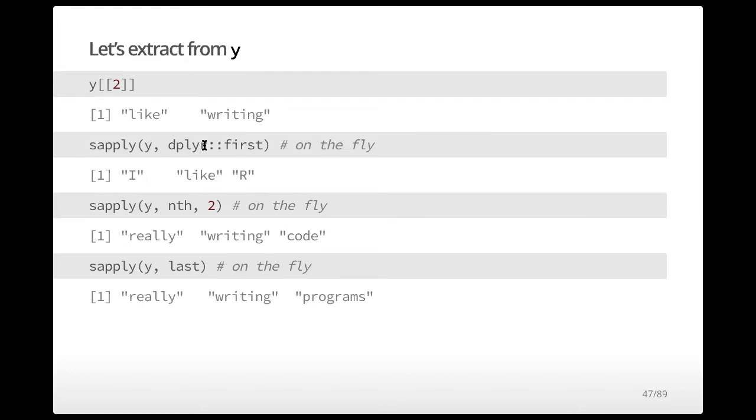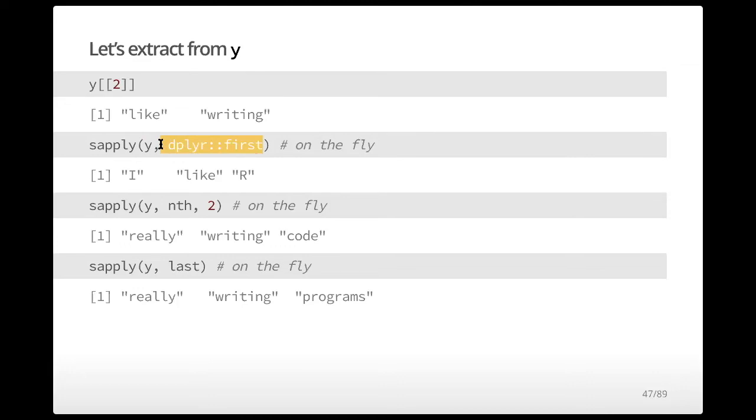But generally, if you're doing any data cleaning, string manipulation will be happening. So these apply functions take in a list and they perform a function on that. And sapply tries to simplify the output as best it can. So sapply takes in this list of 3 elements, and what we're using is dplyr's first command.